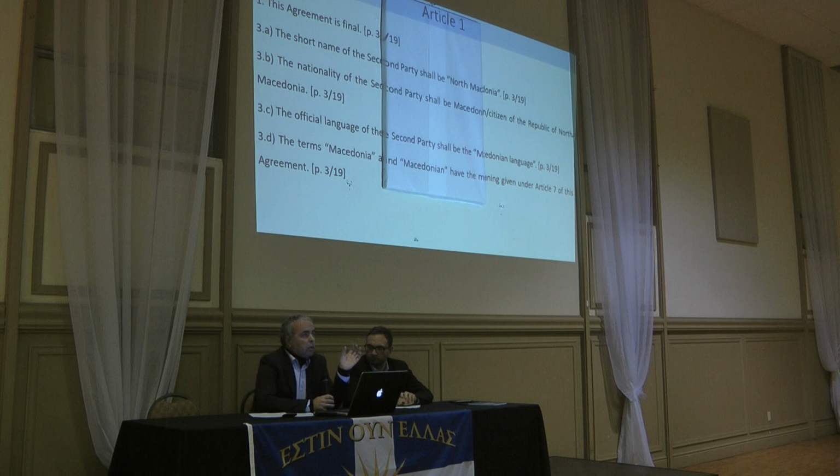So the idea will be the democracy of North Macedonia. We will call it North Macedonia, and at the end we will call it Macedonia. So Macedonia is a very stable point. North is not stable. Democracy is not stable.